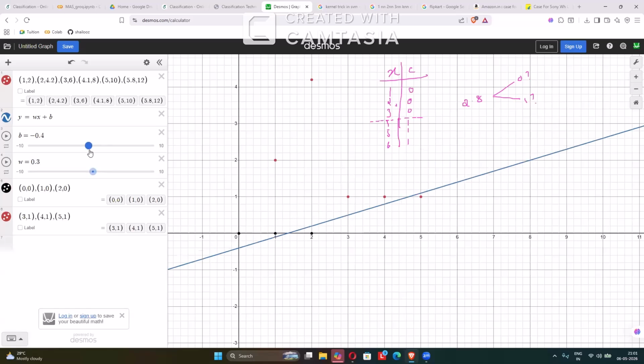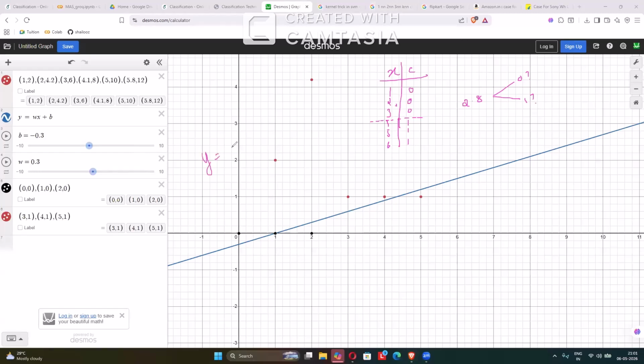So I'm trying to approximate this using a line, and that line I'm getting is y is equal to 0.3x minus 0.3, right? So if you substitute a 0 here, what will be my prediction?